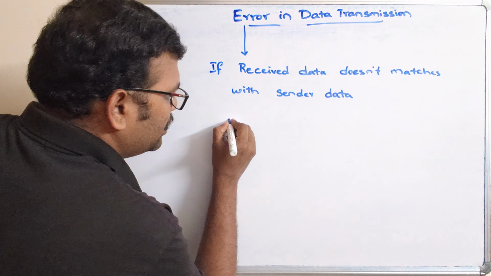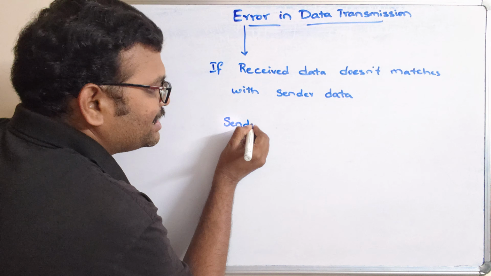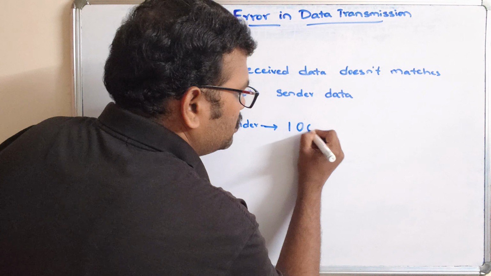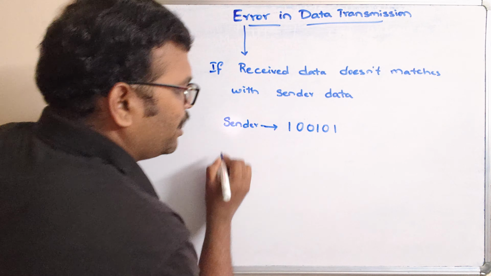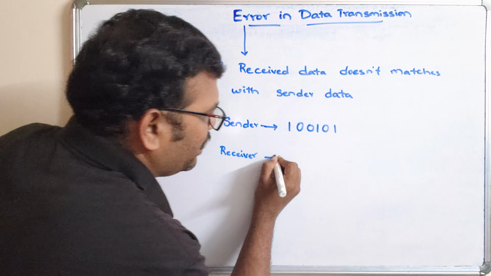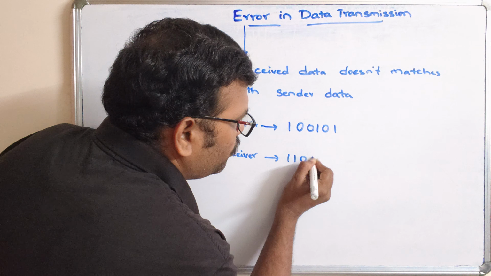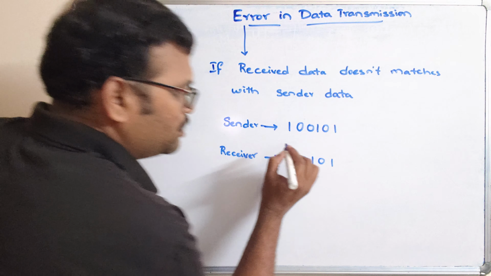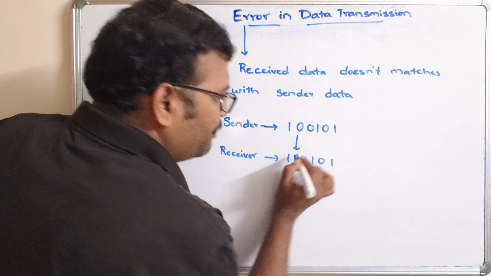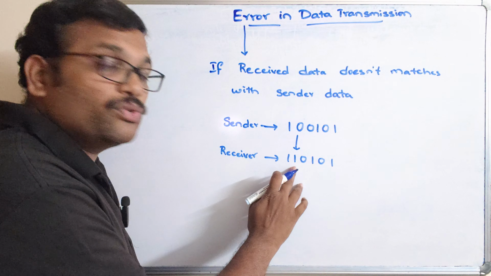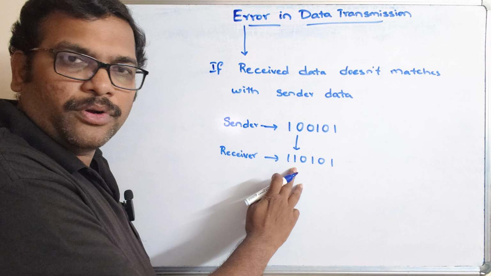For example, the sender sends some data like 100101 and the receiver receives the data 110101. So these two don't match because here there is an error. I mean, here the sender sends 0 but the receiver receives a 1 as output, right?